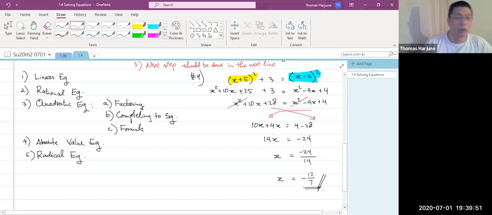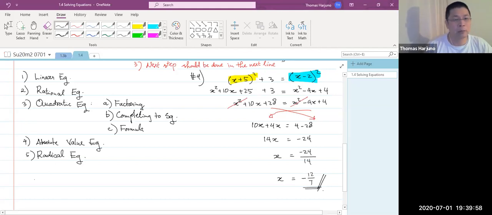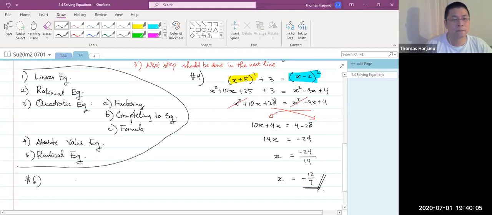That's for number 4. Now, what happens if we have a rational equation? Let's say number 6. Number 6, we have (7x plus 2) over (14x minus 3) equals (x minus 8) over (2x plus 3).